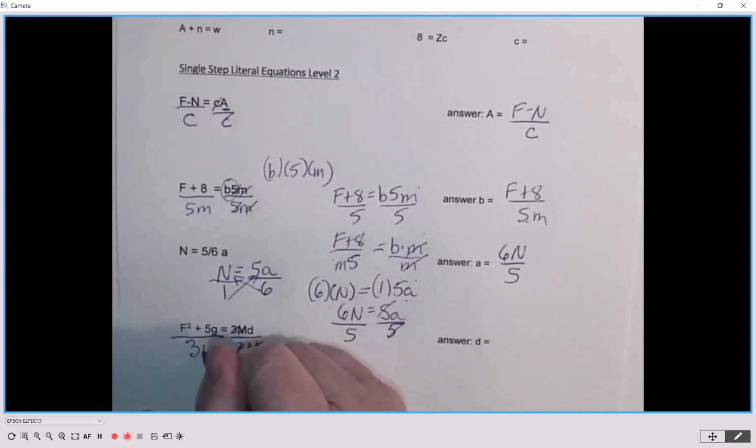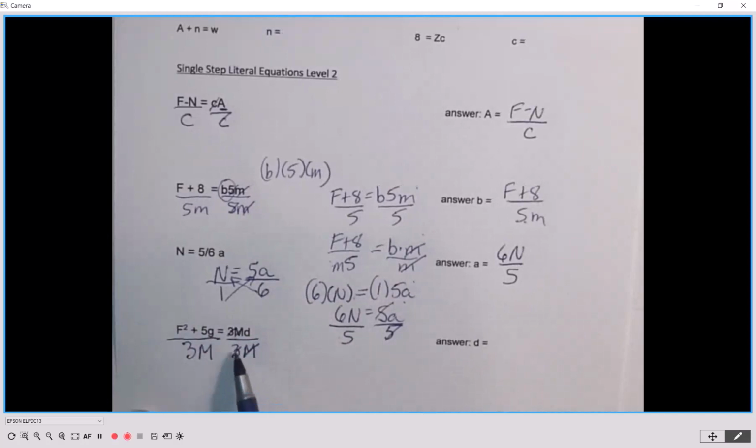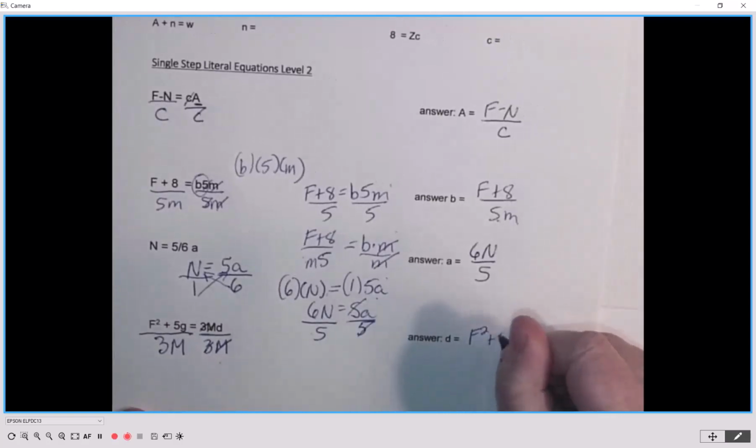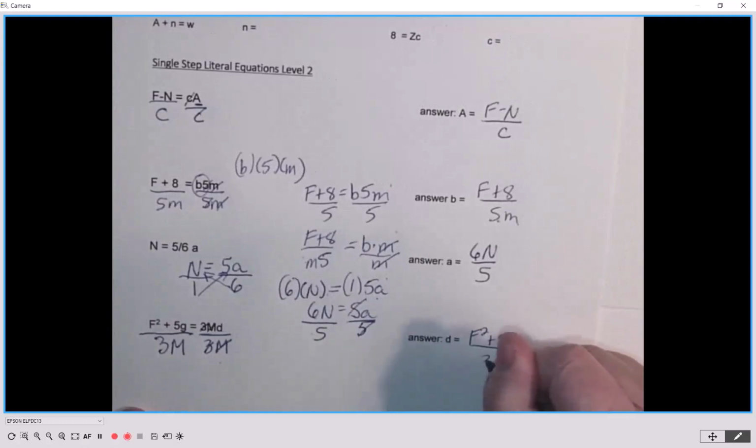That means I need to do the same thing over here. If I'm dividing it by 3m, I'm going to divide it by 3m. When I put the line there, I'm dividing. So now my answer is f squared plus 5g over 3m, and that is equal to the d.